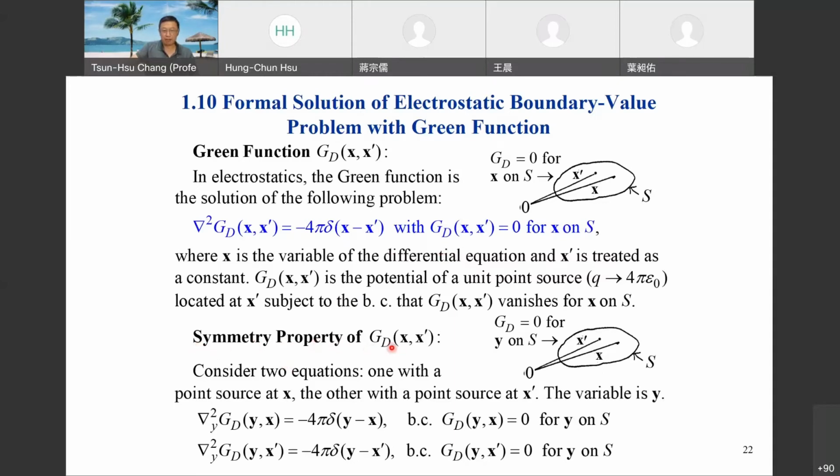Symmetry property of G_D: what's the difference between these two? Consider two equations. The first equation is this one. The second equation is this one. We consider x as source, x prime as source, and y as the variable. On the surface it is 0. What will happen?